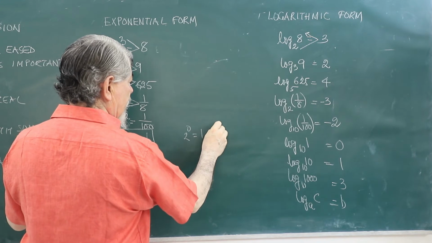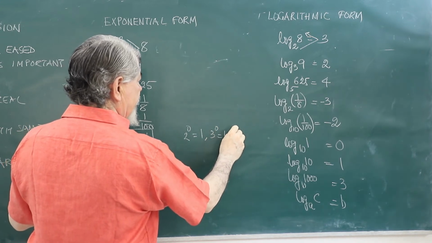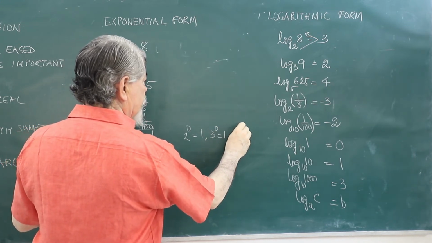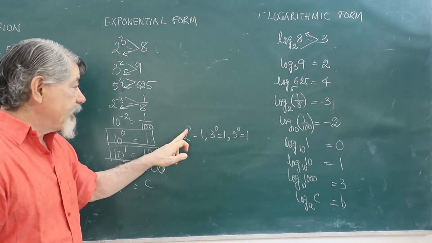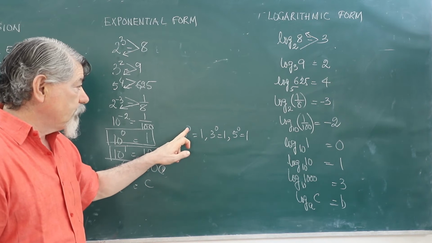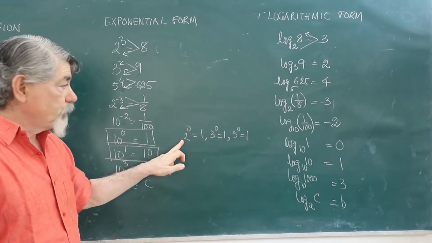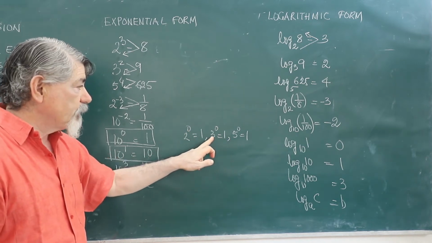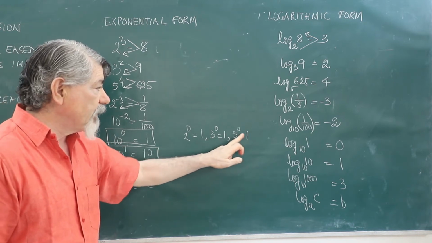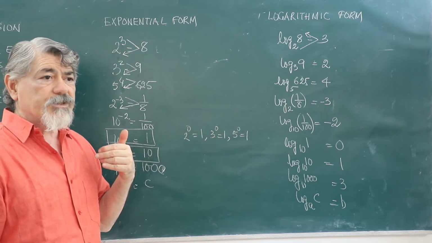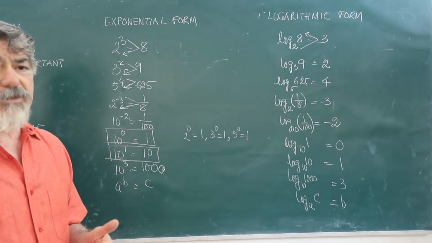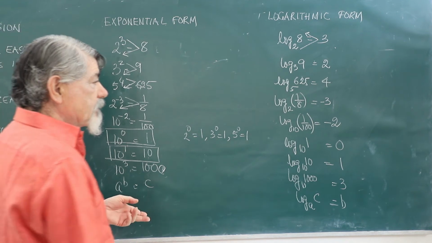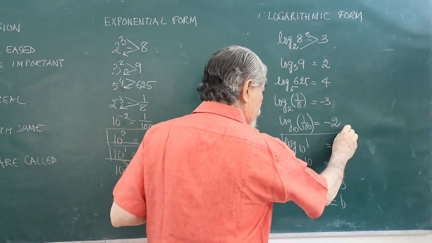If it was 3 to the power 0, I would get 1. If it is 5 to the power 0, I would get 1. So 0 is the log of 1 to base 2, to base 3, to base 5. The logarithm of 1 is always 0 to any base, not necessarily to the base 10.